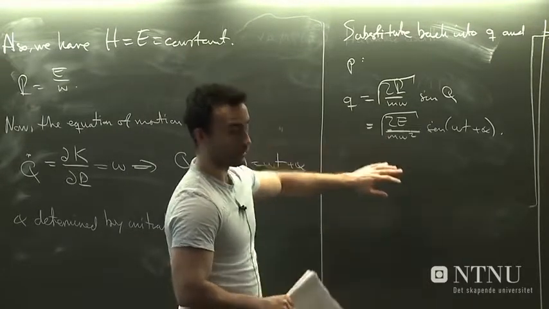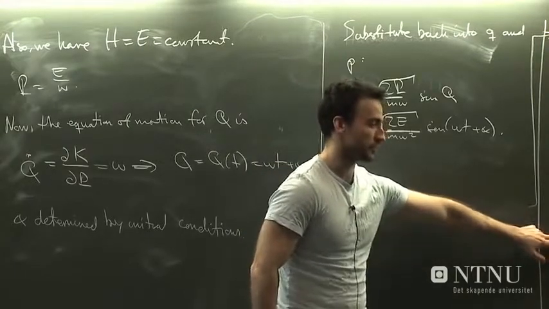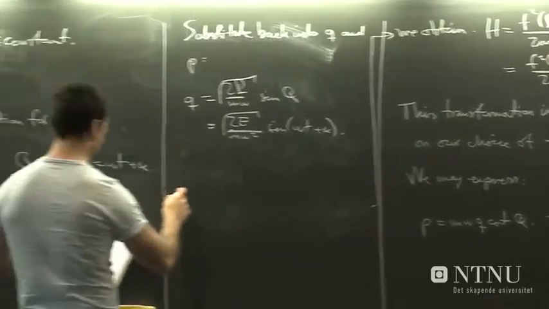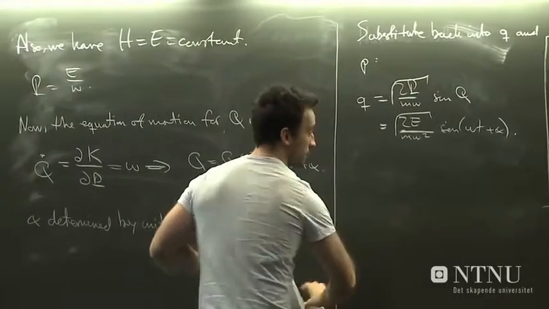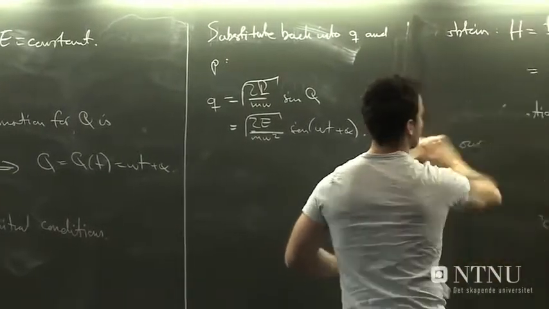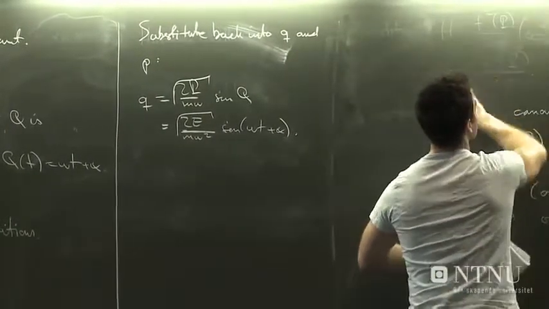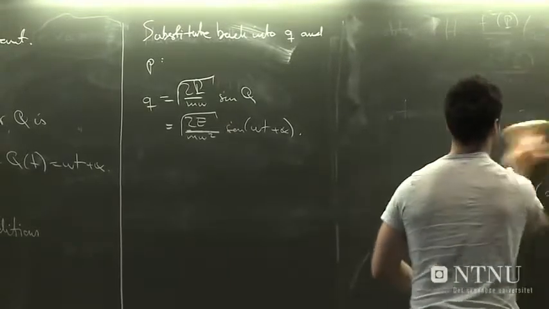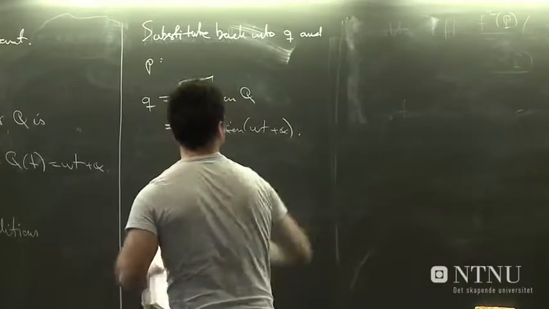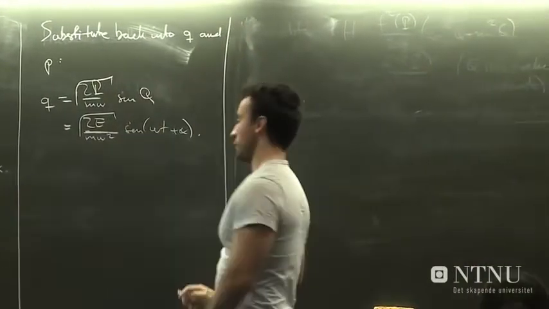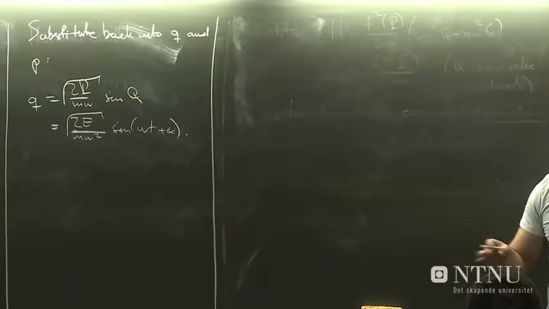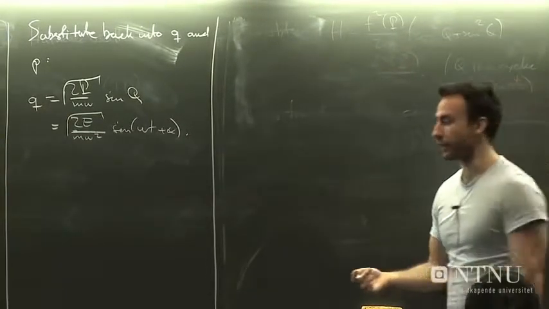Now in the same way we can also find p just by inserting Q here. So it could be useful just to compare the behavior as a function of time of all of these variables.